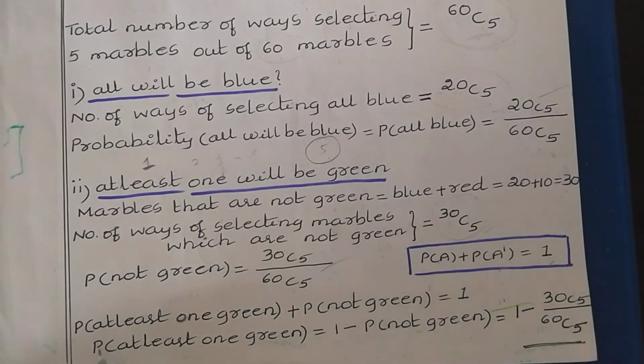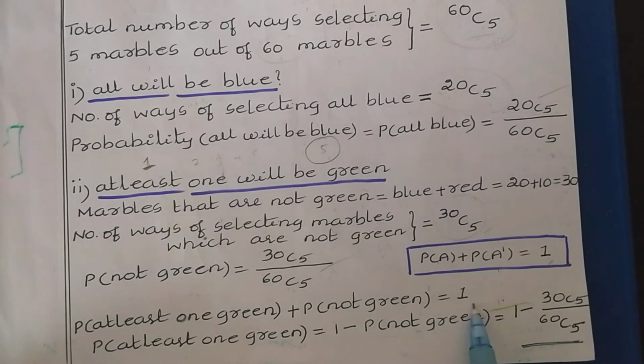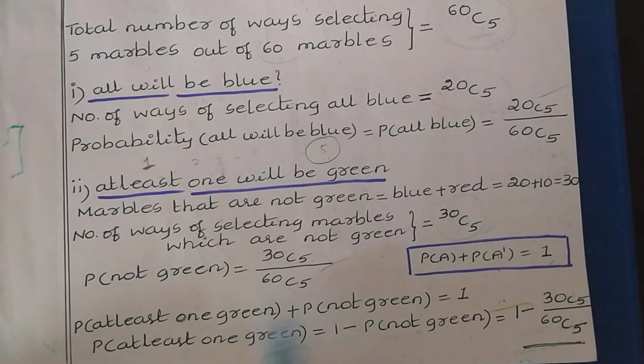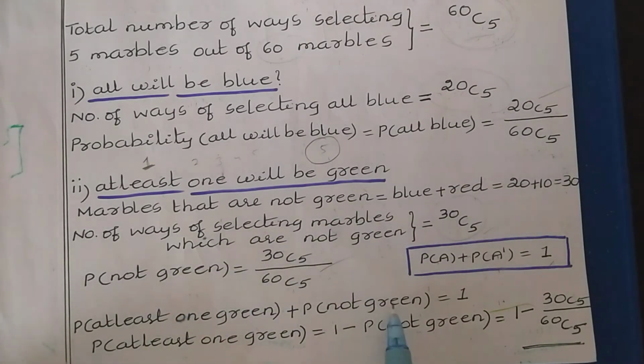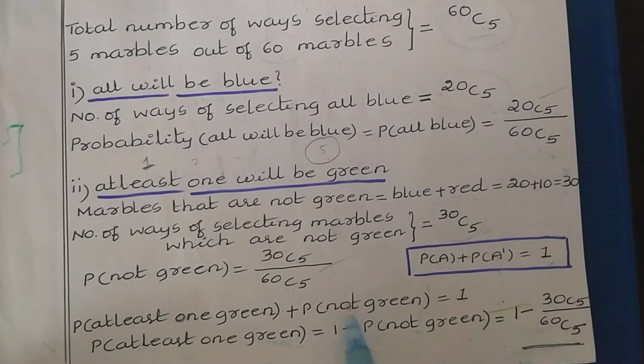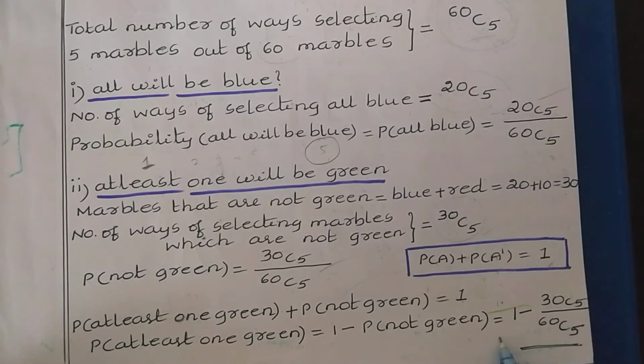Here probability of at least 1 green plus probability of not green is equal to 1. So now we know the probability of not green. So probability of at least 1 green is equal to 1 minus probability of not green, is equal to 1 minus 30C5 divided by 60C5.